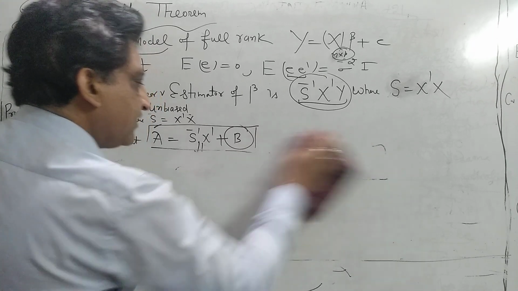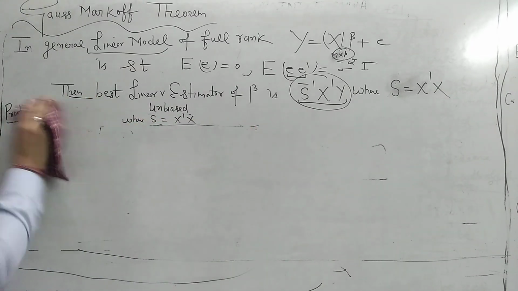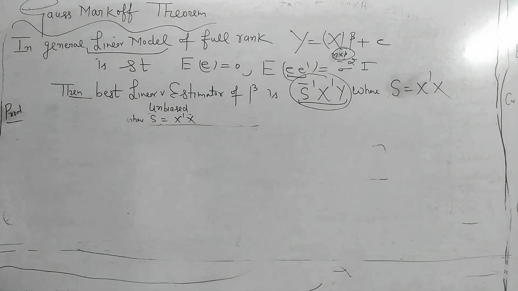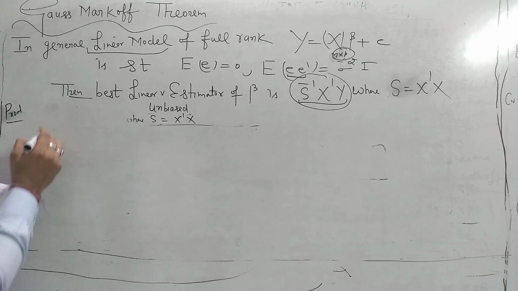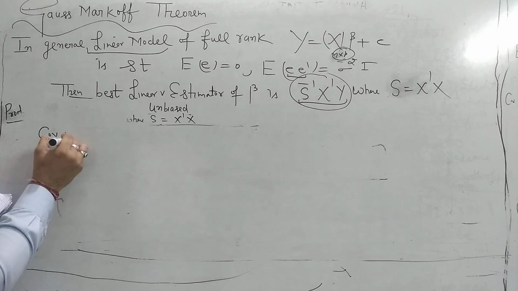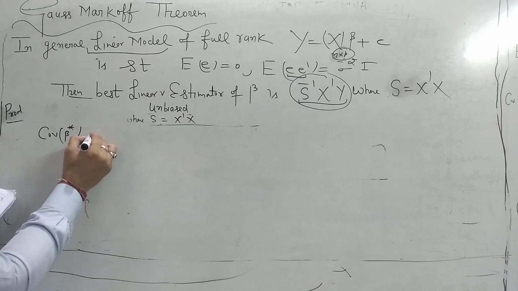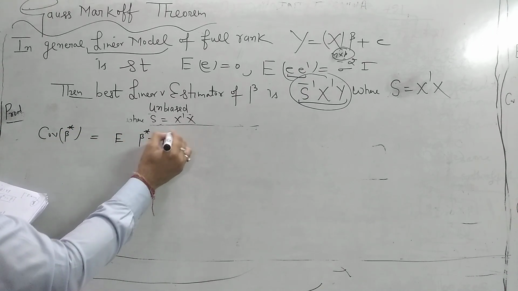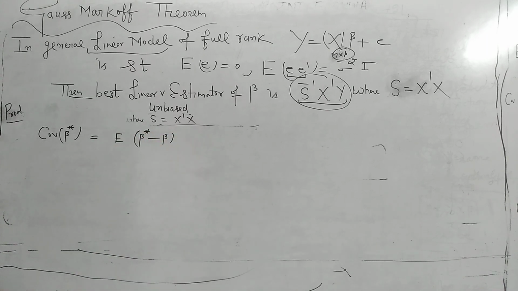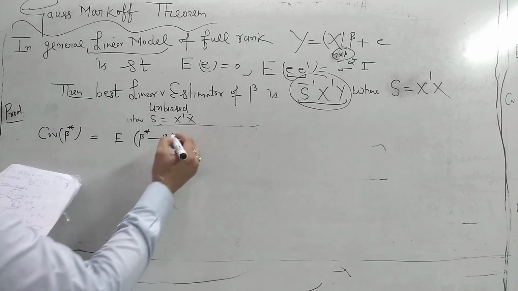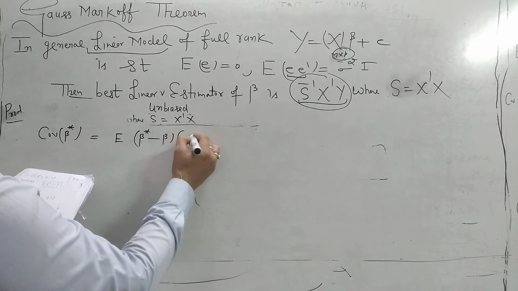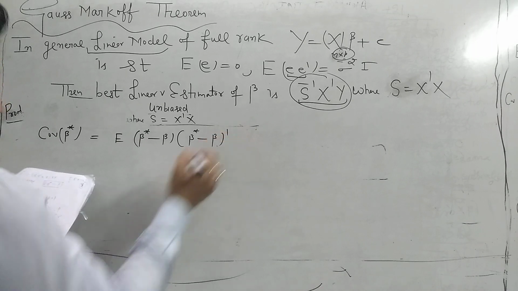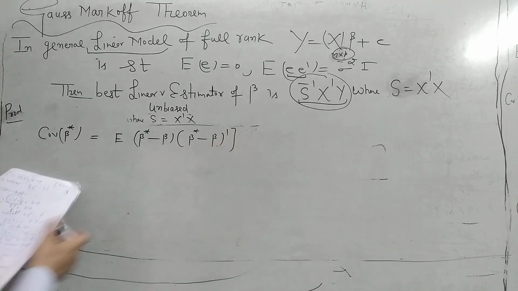The condition is bX equal to 0. So we are moving toward the last step, that is, the covariance of beta star. Covariance of beta star is E[(beta star minus beta)(beta star minus beta) dash], that is, the expectation.